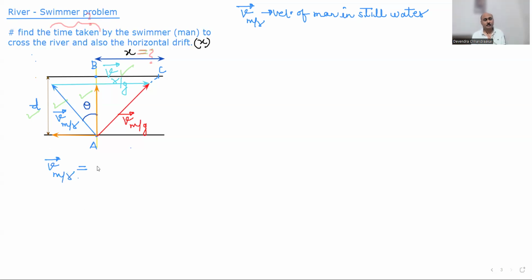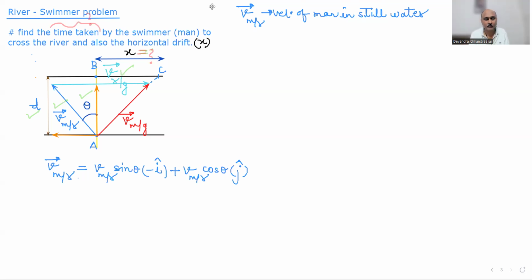I'll write it here. Jagannath, did you understand or not? Sir. VMR sine theta minus I cap. Manogna, what about you? Understood, sir. Okay. Dhiren, are you able to understand? Yes, sir.